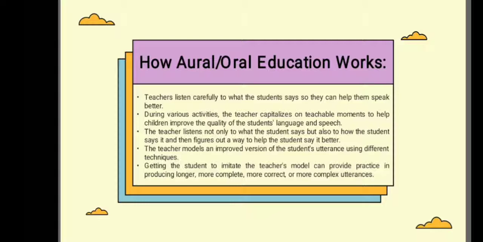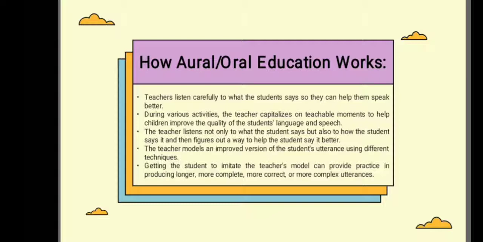Teachers listen carefully to what the student says so they can help them speak better. During various activities, the teacher capitalizes on teachable moments to help children improve the quality of the student's language and speech. The teacher listens not only to what the student says, but also to how the student says it, and then figures out a way to help the student say it better.